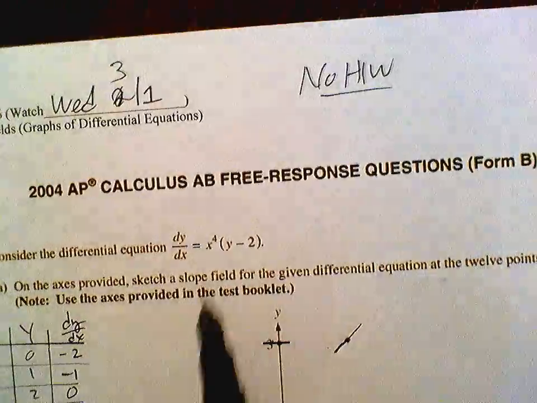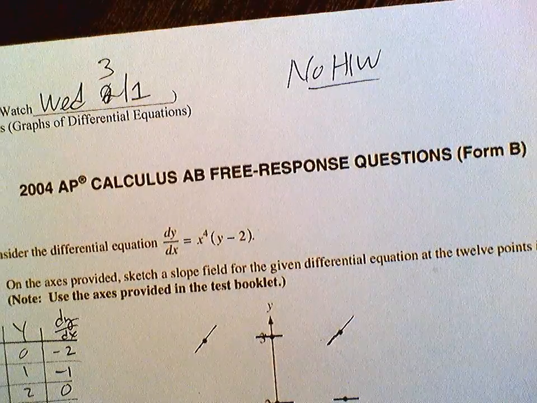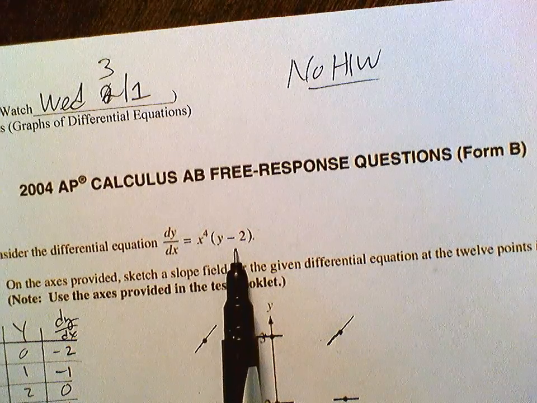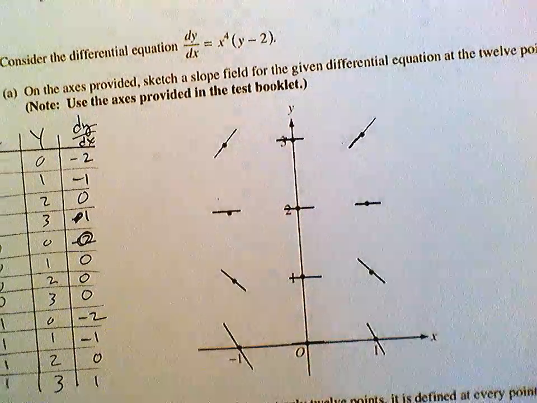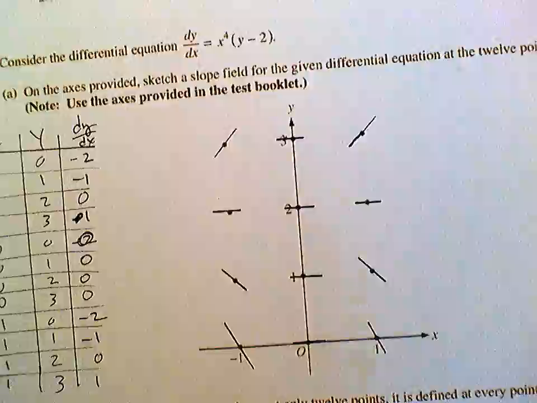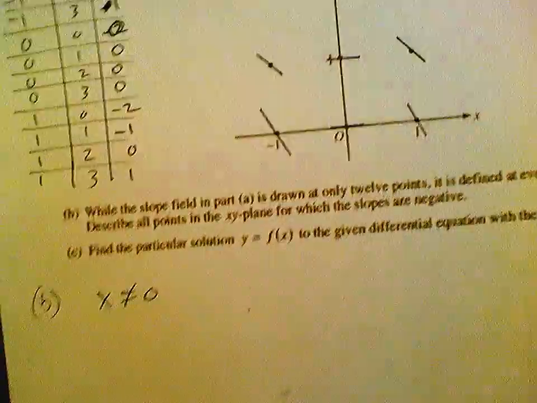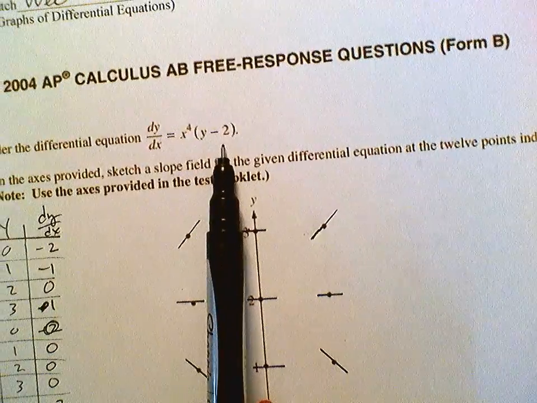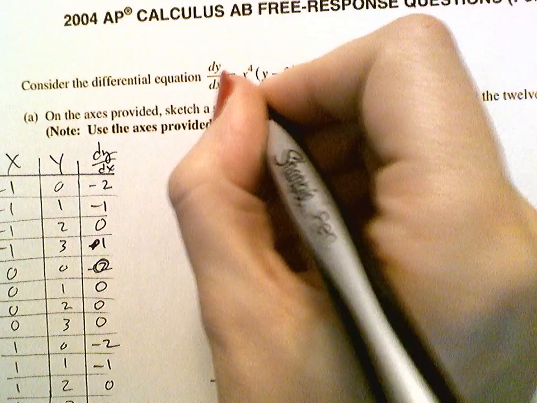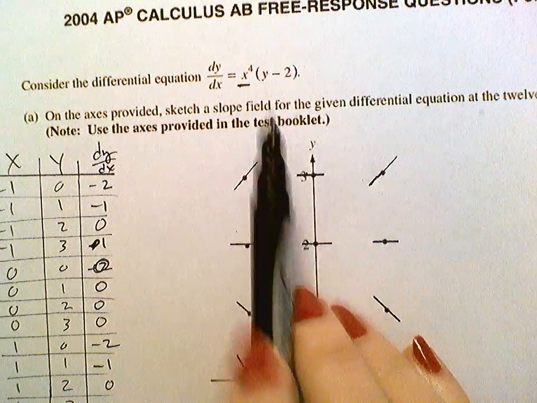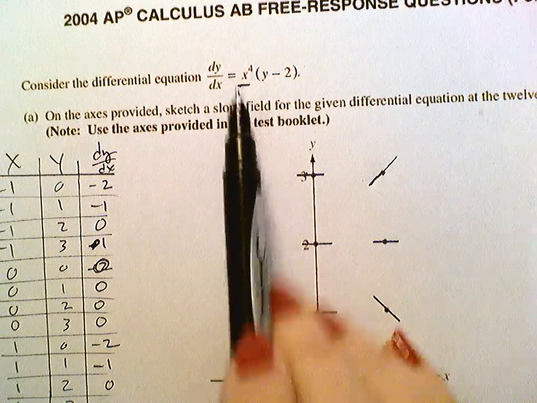But let me look at the equation, because this will help us. When is this negative? x cannot be 0, because if x were 0, we would just end up with 0. And no matter what, this part is going to be positive, for any x we plug in.